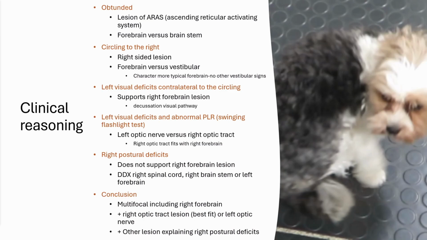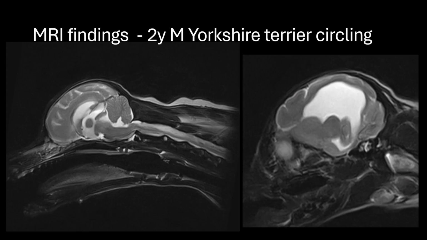So we did an MRI scan on this dog, and these are the mid-sagittal images here. We can see that because it's a Yorkshire Terrier, it does have a degree of Chiari malformation. This is a very short supraoccipital bone. The supraoccipital bone is missing here, as typical with Yorkshire Terriers and Chihuahuas as well.